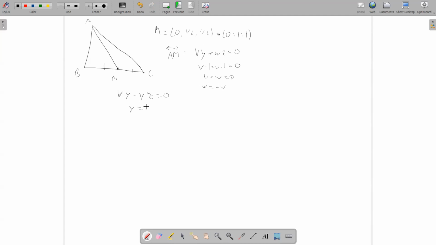We don't care about the V, so we can just write Y equals Z. That's one way of expressing the equation of line AM.